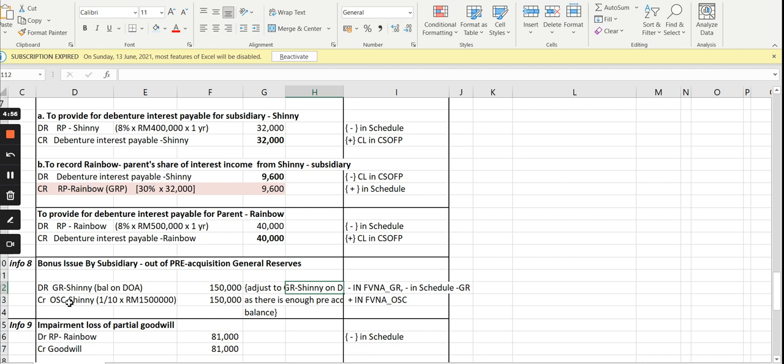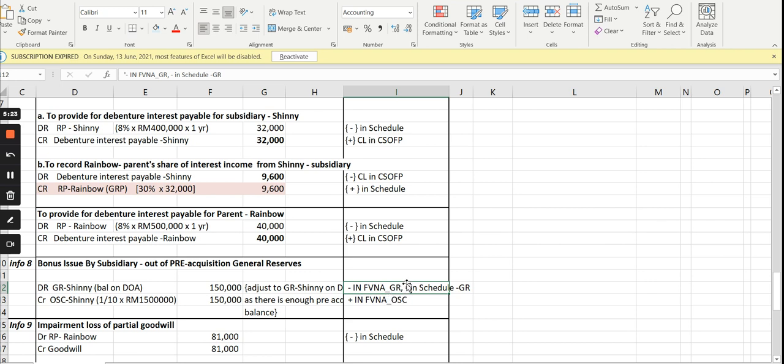We decide to use this because the general reserve balance is more than enough to cover the bonus issue. The share capital would have increased by 150,000 because it is issued in proportion of 1 for every 10 shares.